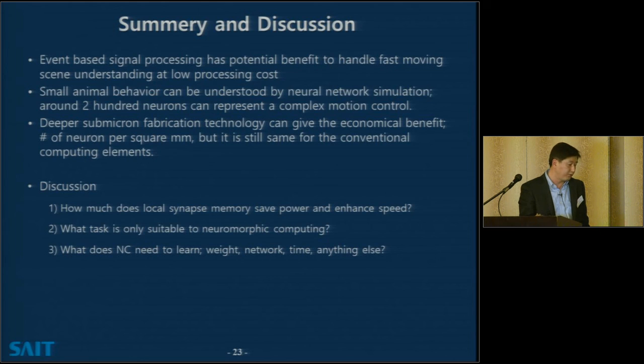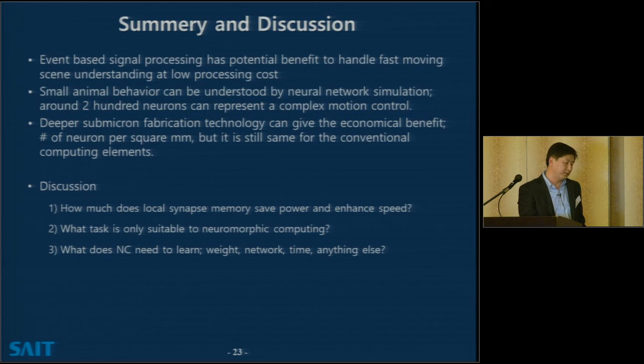Just around 200 neurons can represent a complex motion control. And deeper submicron technology can give economical benefit in the number of neurons per square millimeter. But it is still the same for conventional computing elements. If you try to make an ALU in a small size, you can also enhance the computing power in a small area.